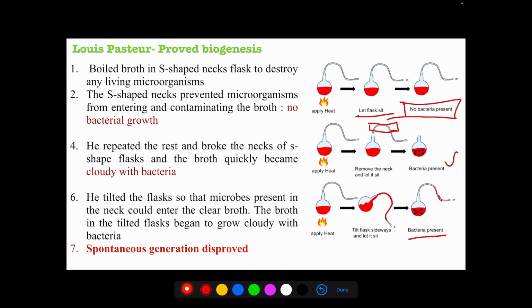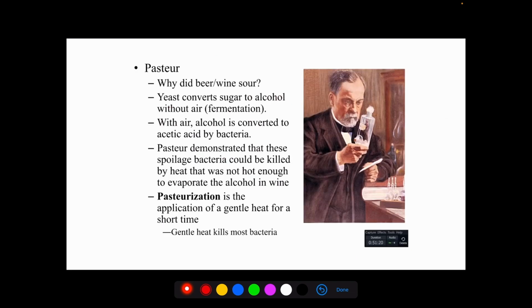And what he did was to bring the whole debate between spontaneous generation and biogenesis to an end. Now, Louis Pasteur also proved why beer and wine usually sour.